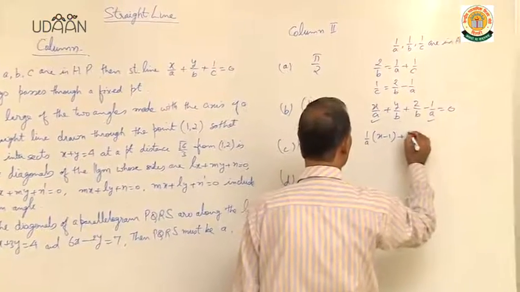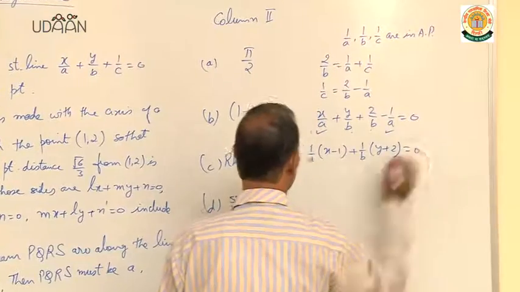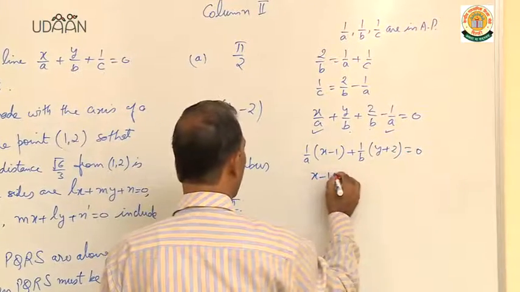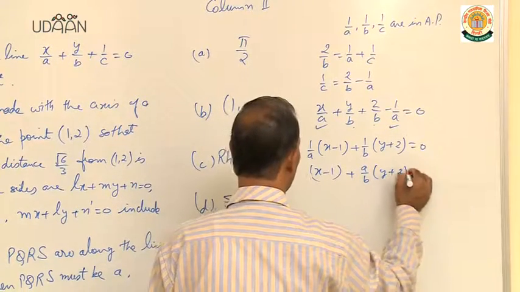Here 1 upon B is common, so you will get y plus 2, equal to 0 multiplied by A. So x minus 1 plus A upon B into y plus 2 equal to 0.